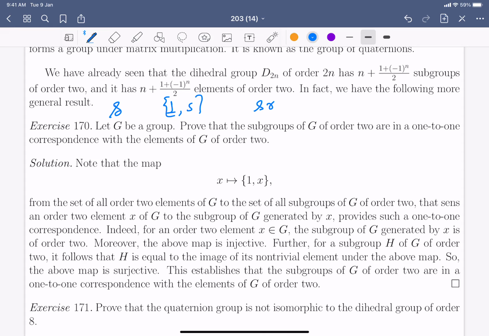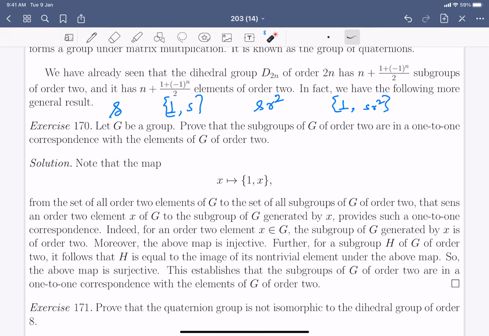For example, if you take SR square, the subgroup generated by it is a subgroup of the dihedral group of order 2.